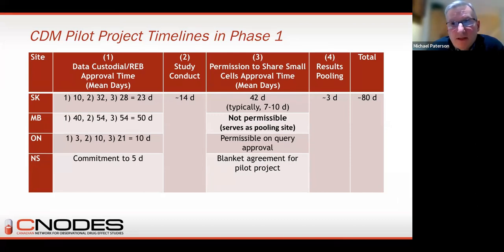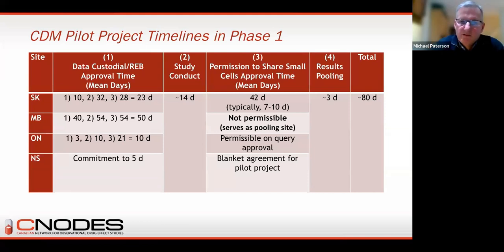They couldn't be shared with us for aggregation, however, until we sorted out a protocol, essentially a policy for how we would share these small cell tables, because at the end of the day, these are small cell summary tables or SAS code output files that have to be aggregated. So typically it would not be permissible to share that sort of data across provincial lines. And so we had to negotiate protocols for that.